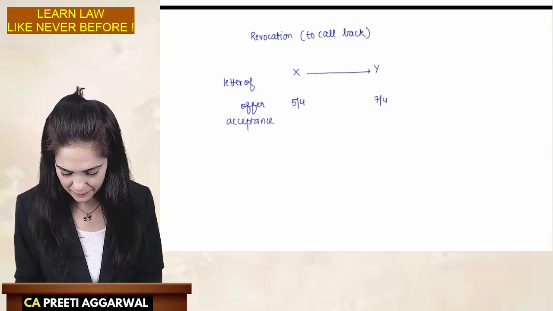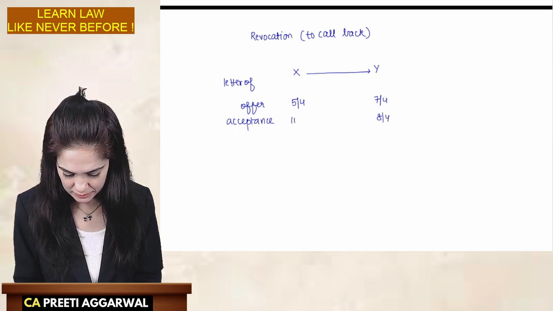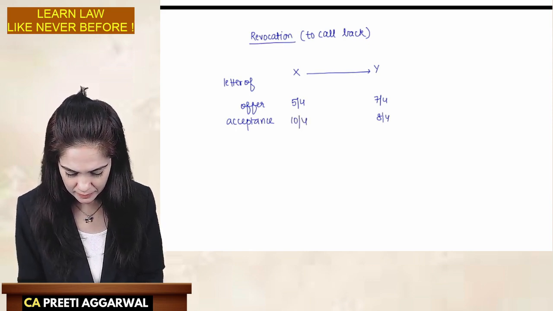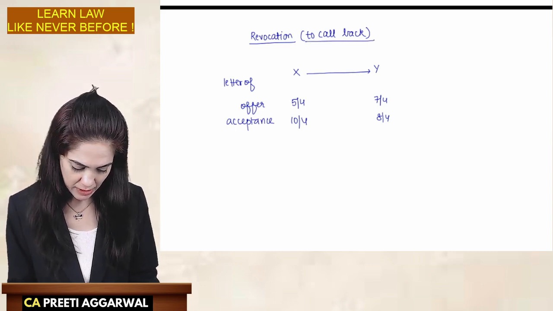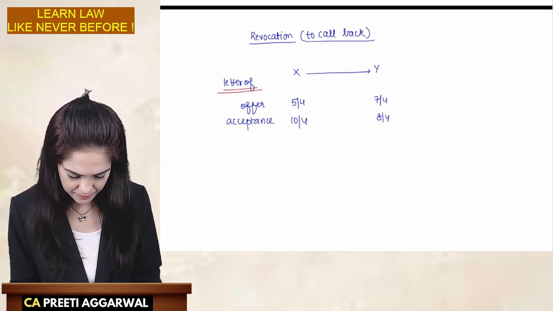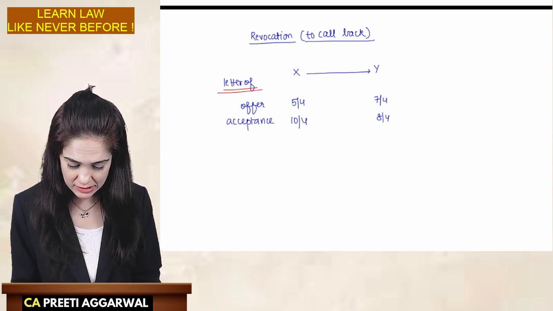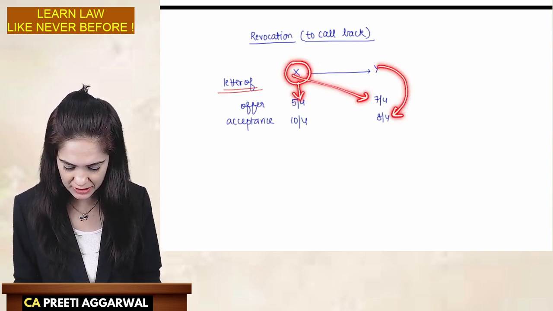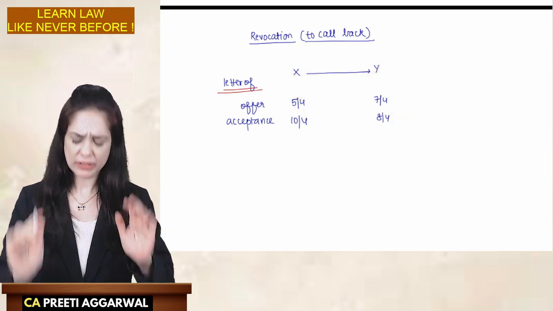Let's write the example again. Now, X posted the letter on 5th. It reached Y on 7th. Y posted the letter on 8th and it reached X on 10th. I hope you're clear.